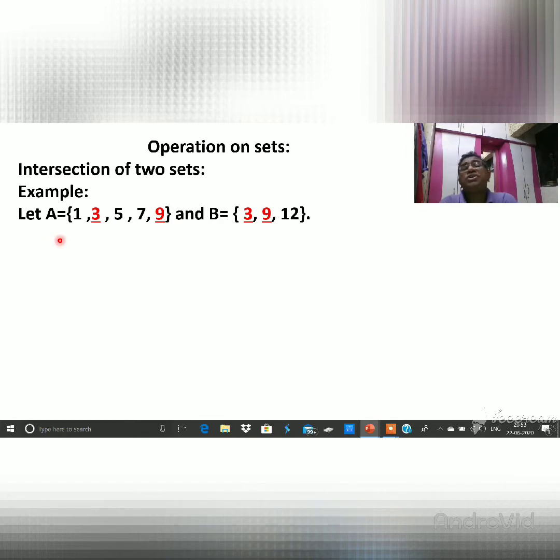Which element is in set A and which element is in set B can be easily understood by you. For that purpose I am showing those numbers in the same color. You can see the 3 is in set A, the 3 is in set B. The 9 is in set A, the 9 is in set B. So only for that purpose we are showing that in color. It is not for decoration.